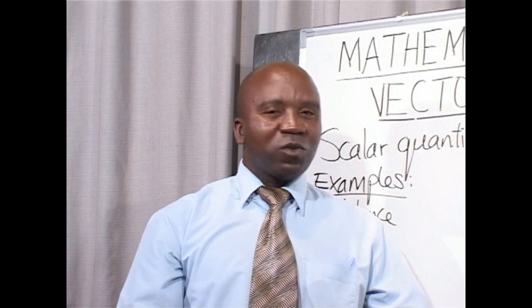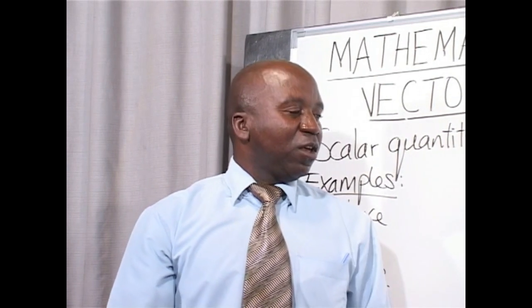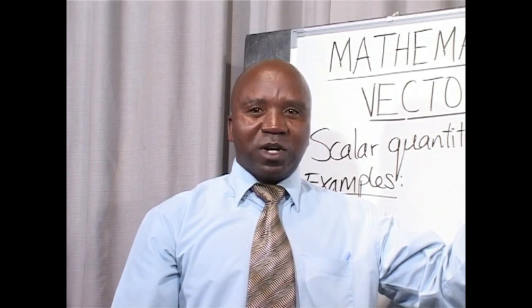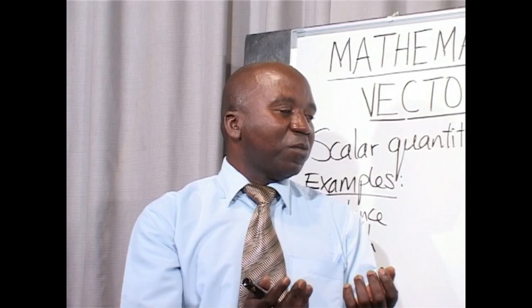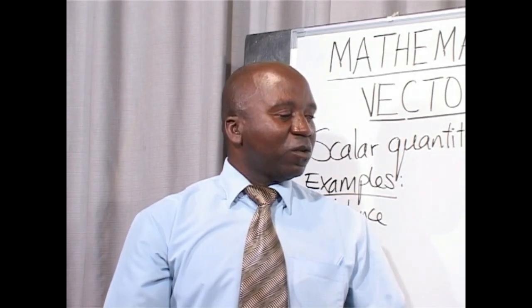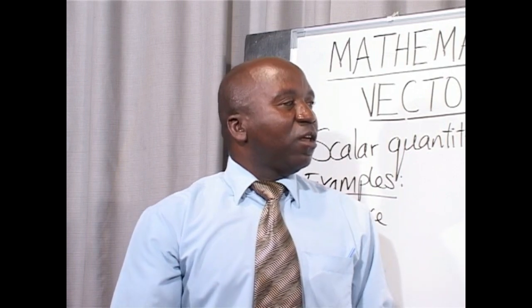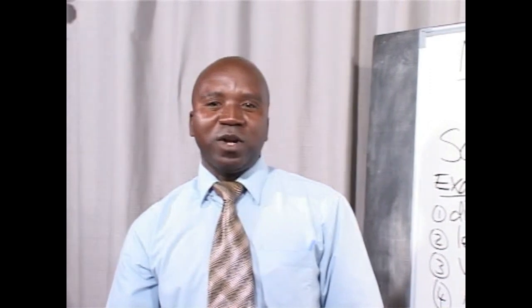So when you're talking about weight, there is direction involved. Yes, it will give you the magnitude, 50 kilograms, but it is pulled towards the center of the earth. So that gives us the qualification that weight is a vector quantity.